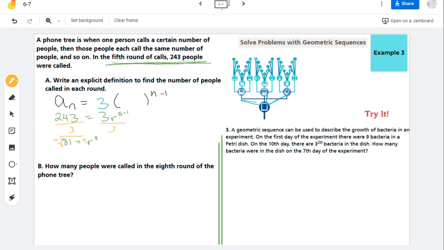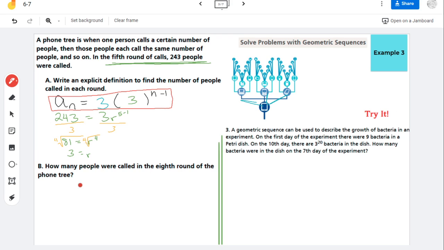Now to counteract that r to the 4th, I'm going to take the 4th root of each side, which is where I'm getting my 3 for my common ratio. So this here is the explicit formula that will tell me how many people are called given a round number.